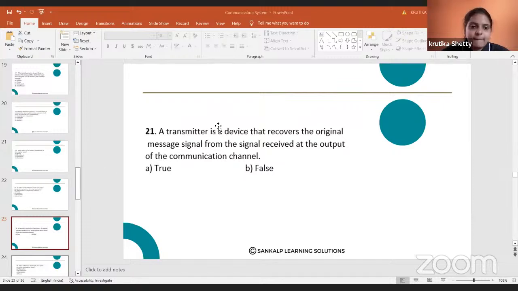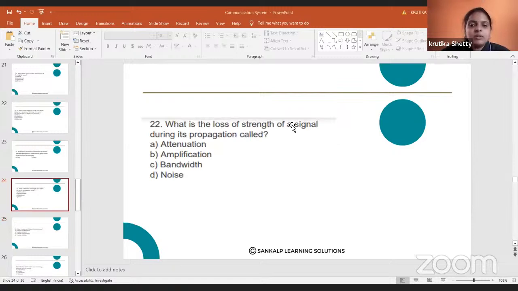Yes, next question. What is the loss of strength of a signal during its propagation called? So the loss of strength of a signal during its propagation is called as attenuation, amplification, bandwidth, noise.